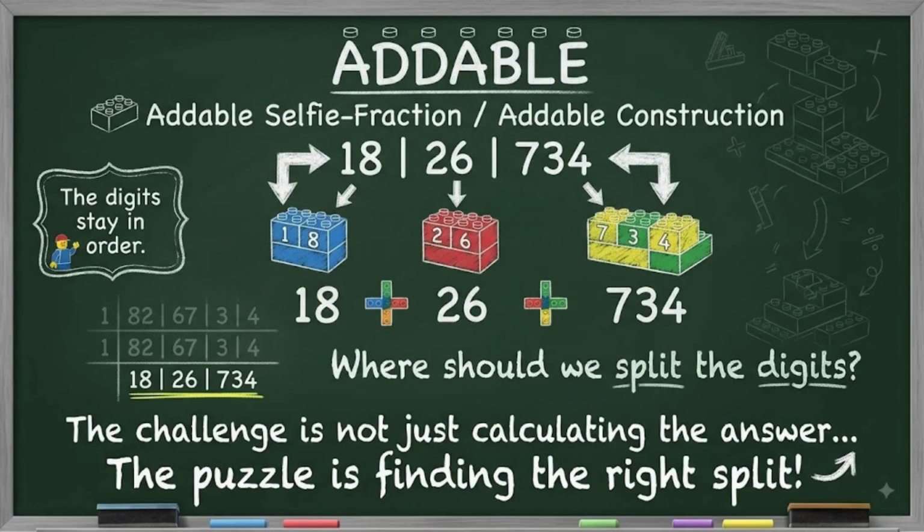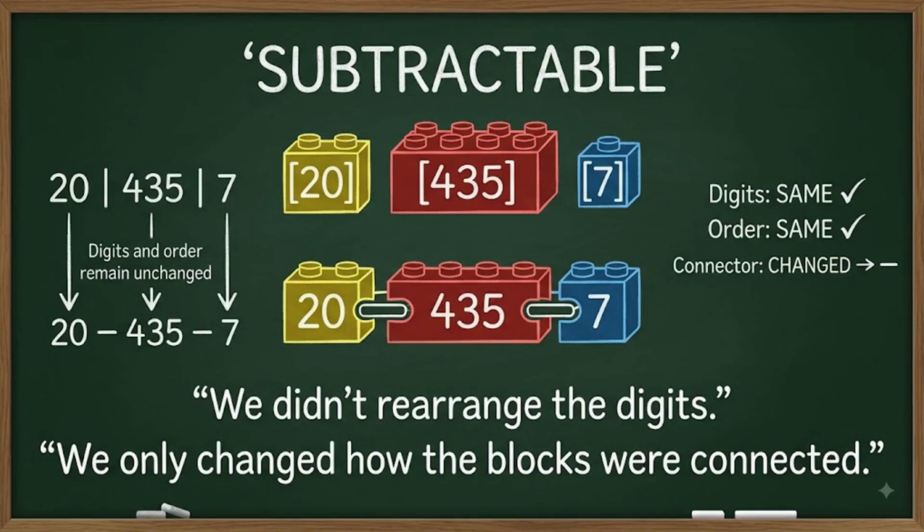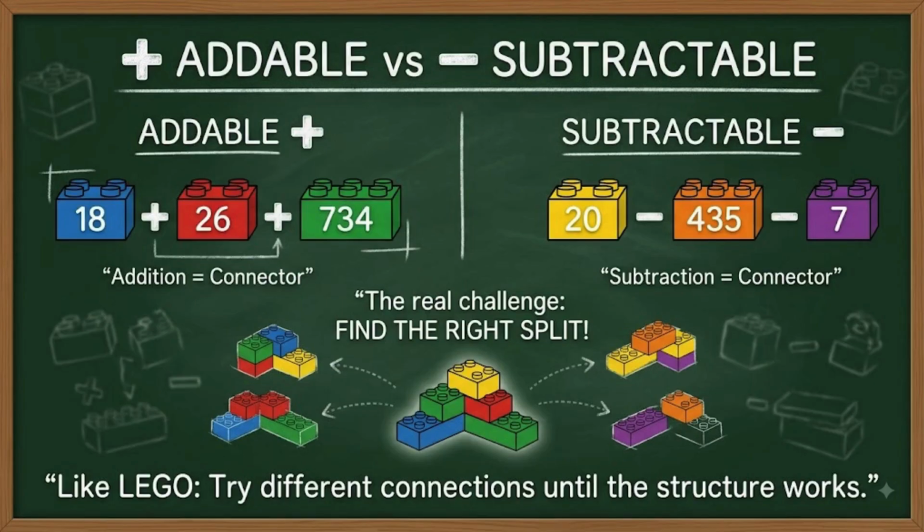Now let's change our connector. Instead of addition, let's use subtraction. For instance, 20, 435, 7 becomes 20 minus 435 minus 7. Notice something important. We didn't rearrange the digits. We only changed the way the blocks were connected.